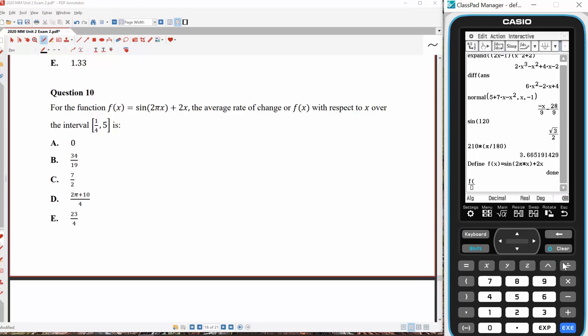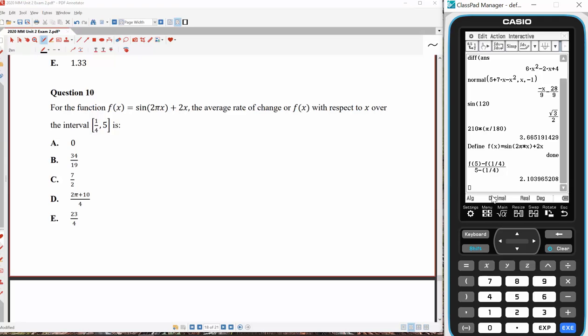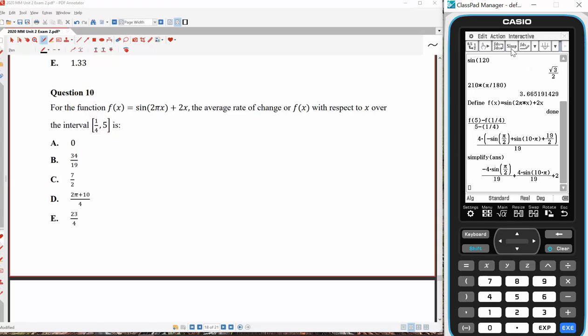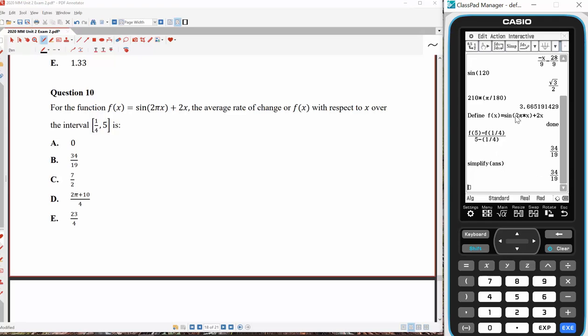F of 5 take away f of quarter, all over 5 take away quarter. What happened there? Define the function correctly. Sine, oh, yeah, good one. Okay, moral of the story is make sure you're in the correct mode.